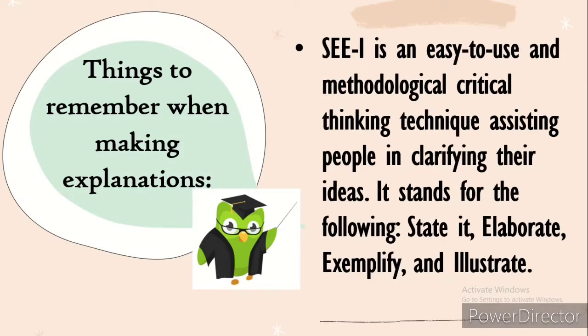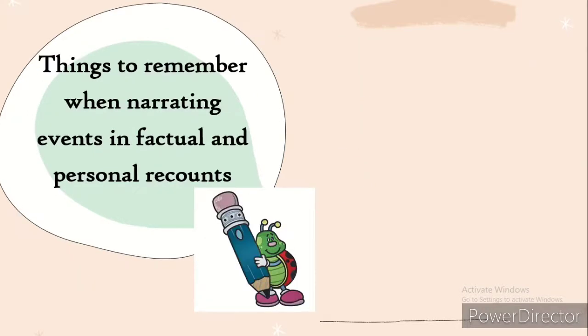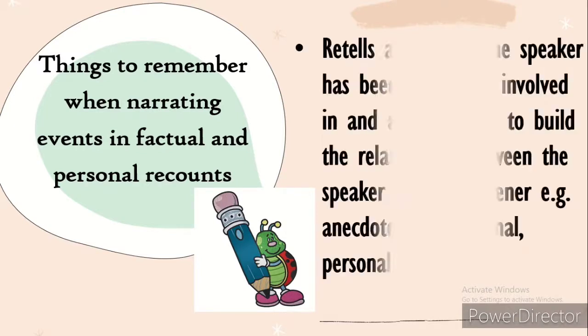SEEI is an easy-to-use and methodological critical thinking technique assisting people in clarifying their ideas. It stands for the following: S, State it. E, Elaborate. E, Exemplify. And I, Illustrate.